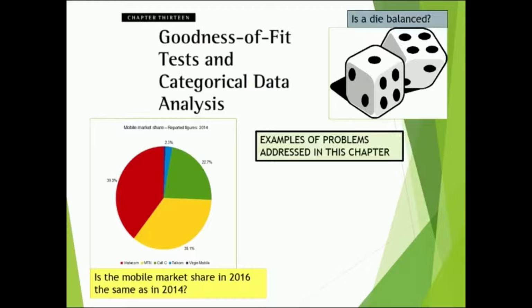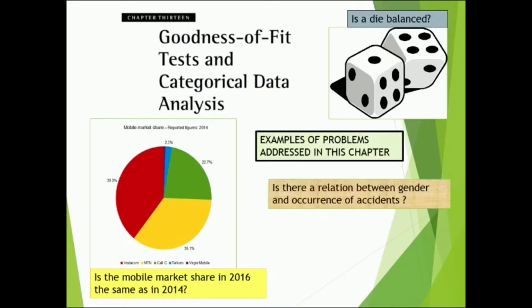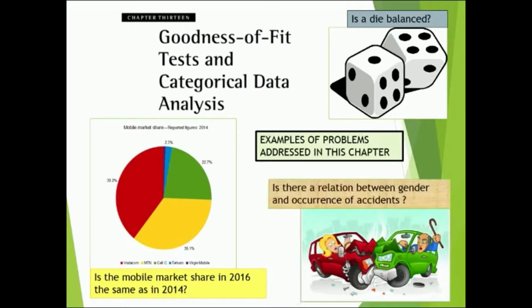These are all questions that we'll answer. The first two fall in the category of goodness of fit tests. In other words, to answer the question of is the die balanced, or is the mobile market share the same as the previous year or a previous year, that falls into the goodness of fit tests section. And the data analysis is more focused on, is there a relation between two categorical variables such as gender and occurrence of accidents.